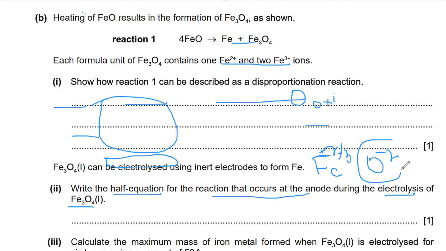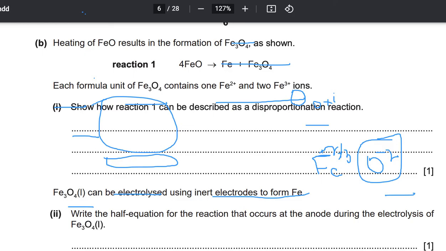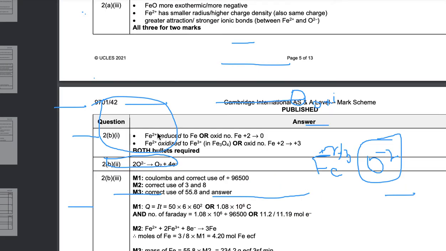So oxygen would be formed at the anode because oxidation is taking place at that end. Alright, so we'll write this equation: O2 minus gives us oxygen and 4 electrons.